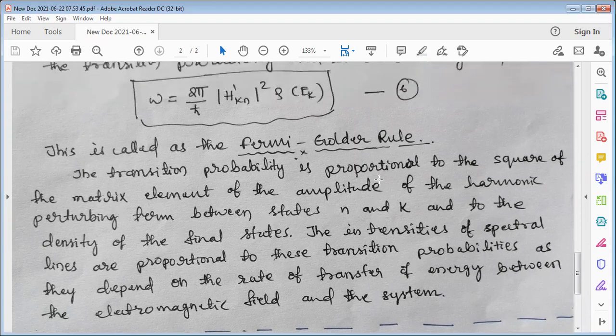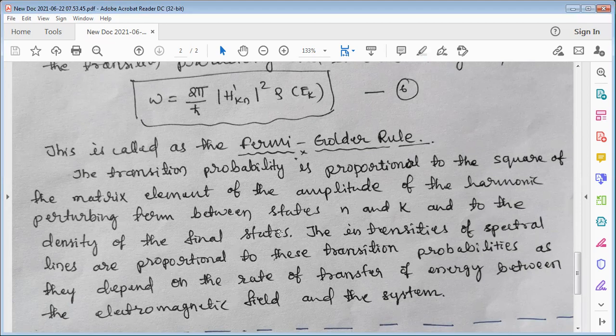So here, this transition probability ω is proportional to the square of the matrix element, or the amplitude of the harmonic term. |H'kn|² is the amplitude of the harmonic perturbing term between the states n and k, and to the density of final states ρ(Ek), and this transition probability is proportional to the density of the final states k.